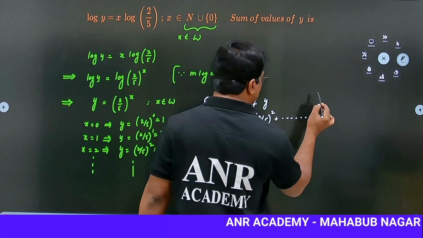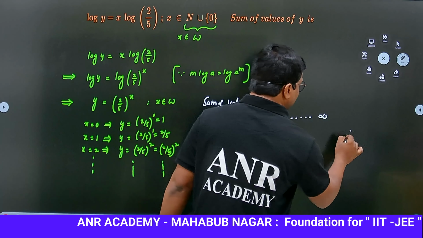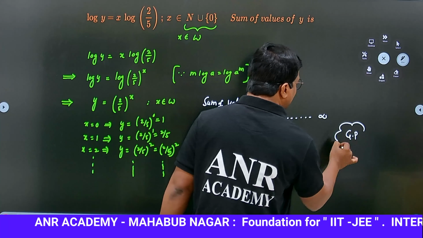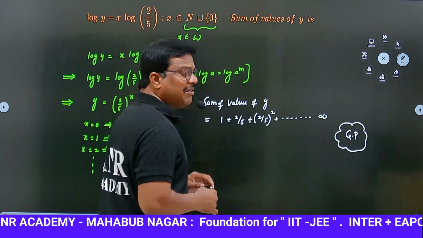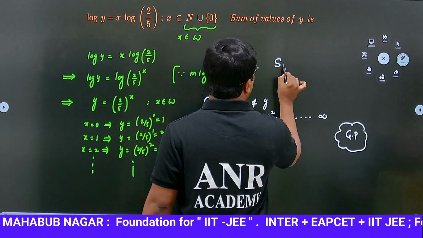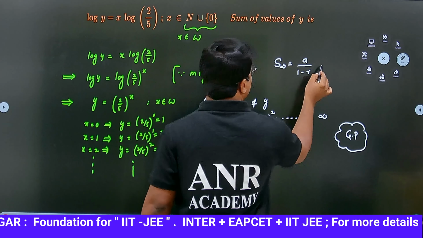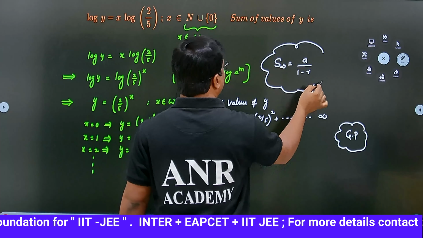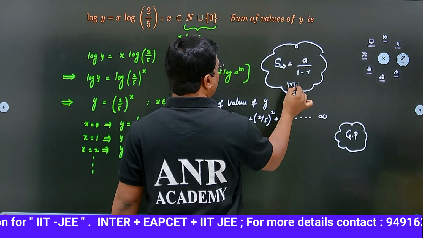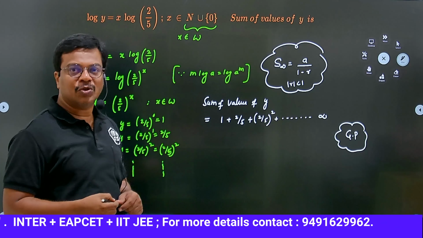Clearly here the sequence of terms is in geometric progression, and also there are infinitely many terms, so you have to apply the sum of infinite terms in GP formula, a divided by 1 minus r. Clearly mod r is less than 1 in this case, since the value of r here is 2 by 5.